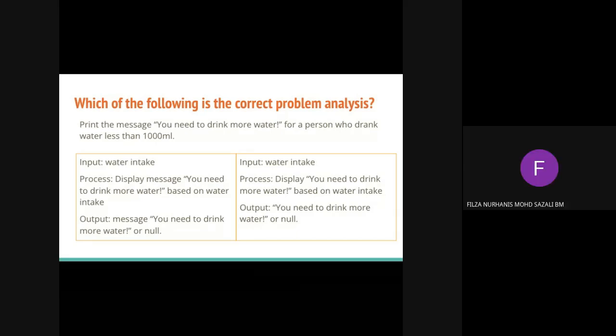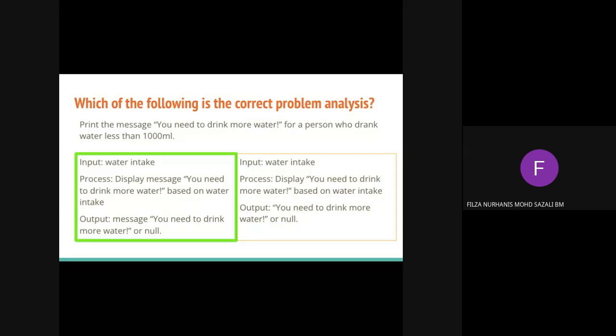Kenapa kiri? Yang kiri tu dia message tu macam dia minta display kan. Okay, faham? Right, so kalau kanan? Macam dua-dua salah. Okay, dua-dua salah. Jawapan dia adalah yang kiri.